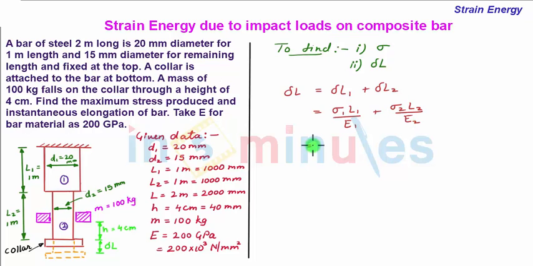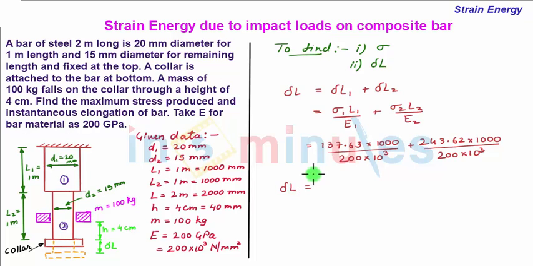So upon substituting the values, we have 137.63 into 1000 upon 200 into 10 to the power 3 plus 243.62 into 1000 upon 200 into 10 to the power 3. So upon solving this, we get the value of delta L is equal to 1.90 mm.